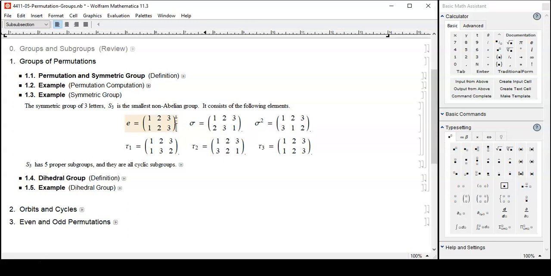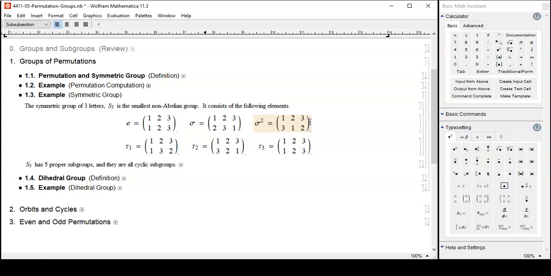Identity, of course. And sigma, 1, 2, 3, I just shift 1 step to the left, 2, 3, 1, and then do it again, then I have 3, 1, 2. Shift now 2 steps. So this is sigma and then another sigma.